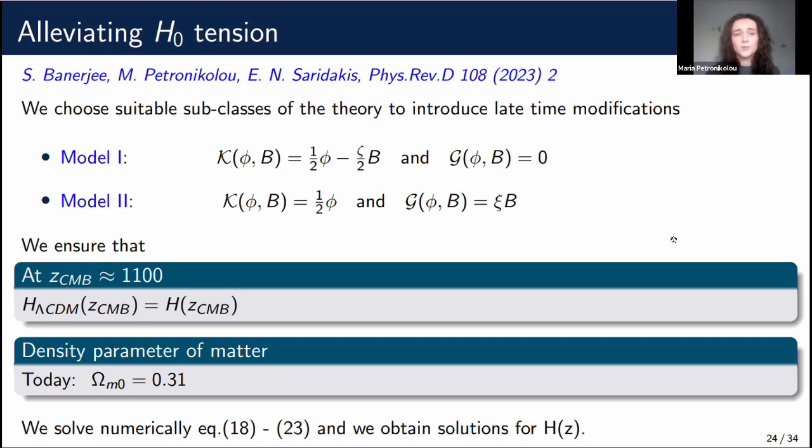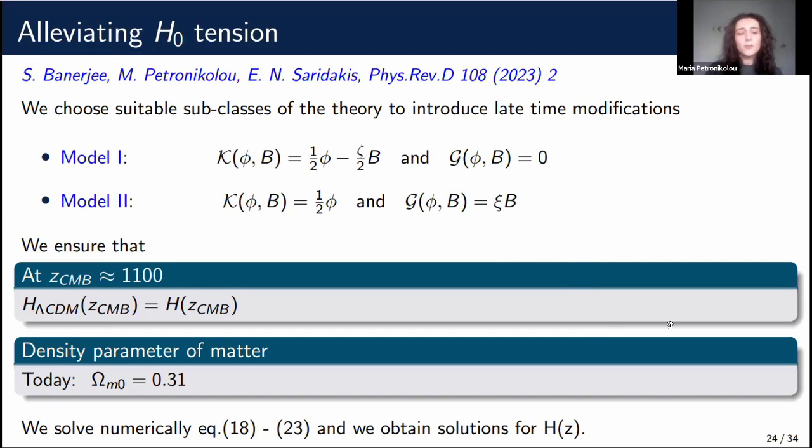Our first model, model I, depends on the k function in this way, and here we have set g to be equal to 0. For the second model, we have this combination of functions. Again, we set the correct initial conditions in order to obtain late time modifications, and finally, to be consistent with the observations about the density parameter of matter today, which is 0.31.